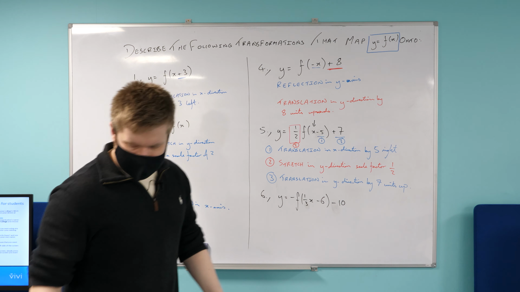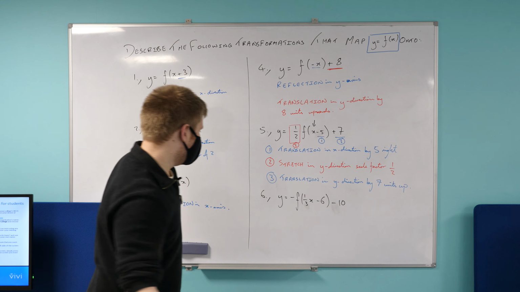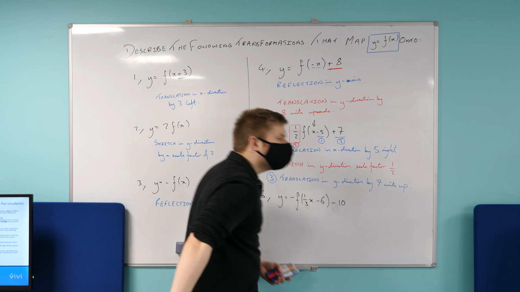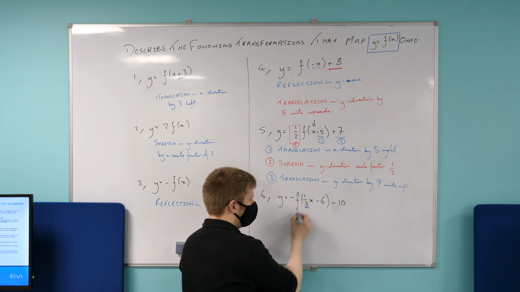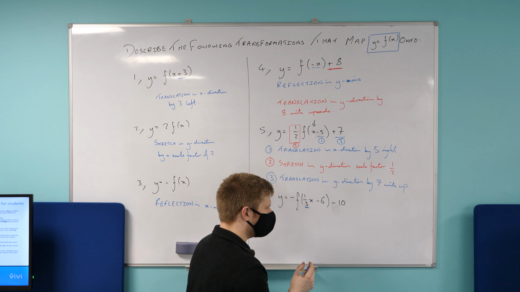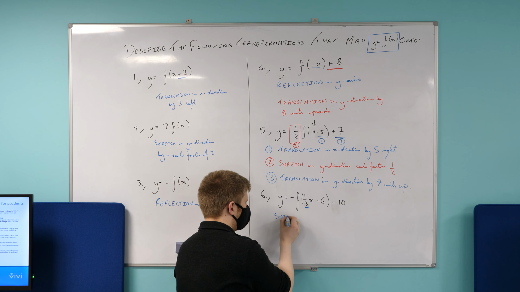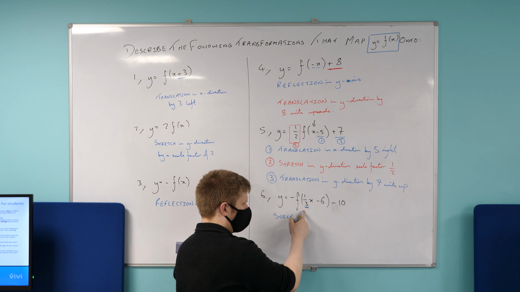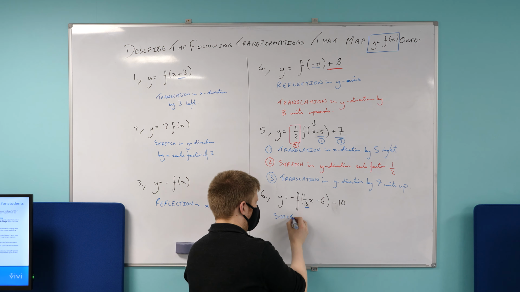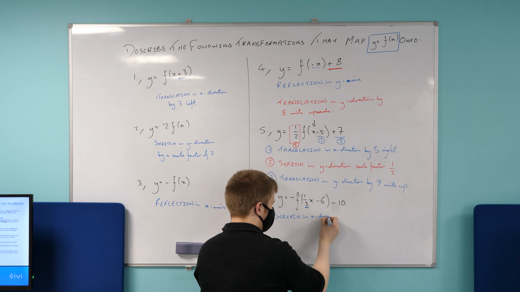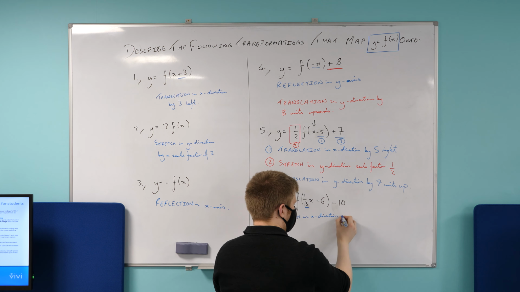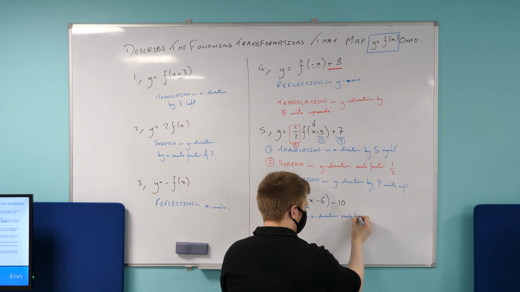Okay, so let's have a go at this last one then. The stretch and x by half. So you're doing that bit first. Is it half? It's a third there. Translate. Oh, hang on a minute.